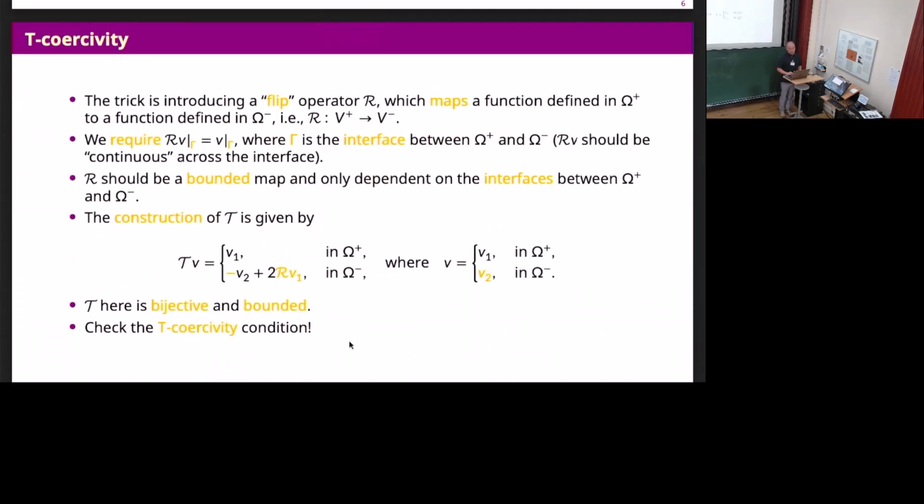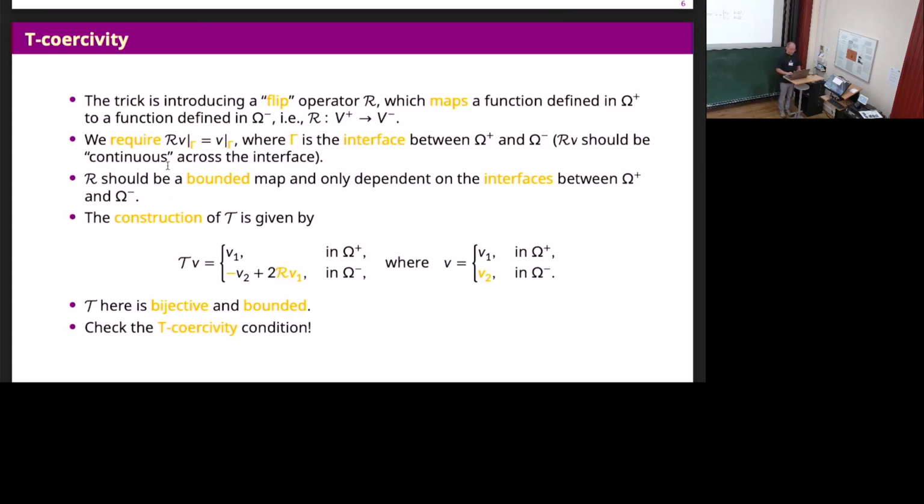So next, in order to construct this mapping T, the typical trick is to introduce a flip operator R, and this flip operator R will map a function defined in omega plus to a function in omega minus. Okay, this is the definition. And we also require that along the interface between the omega plus and omega minus, this R is the identity. Okay.